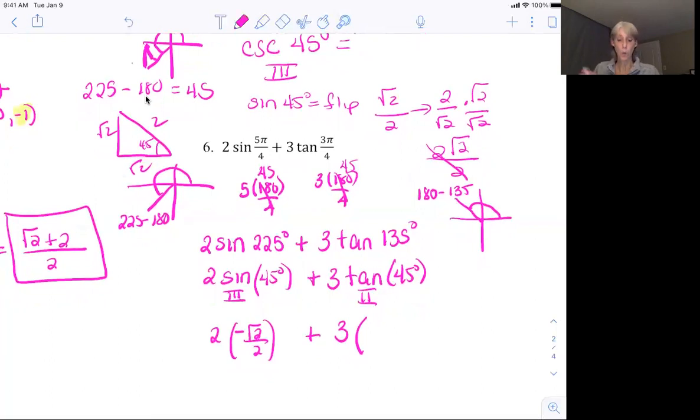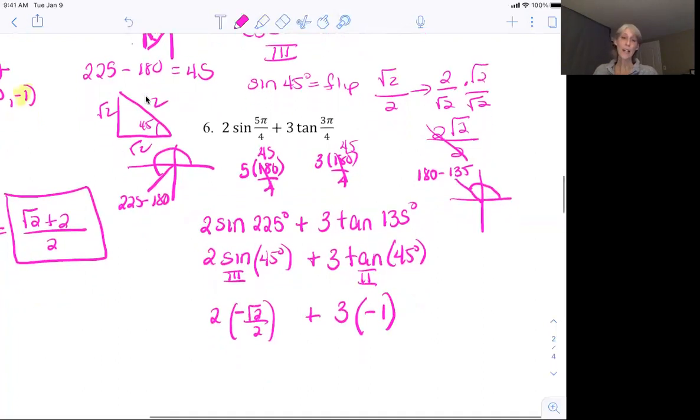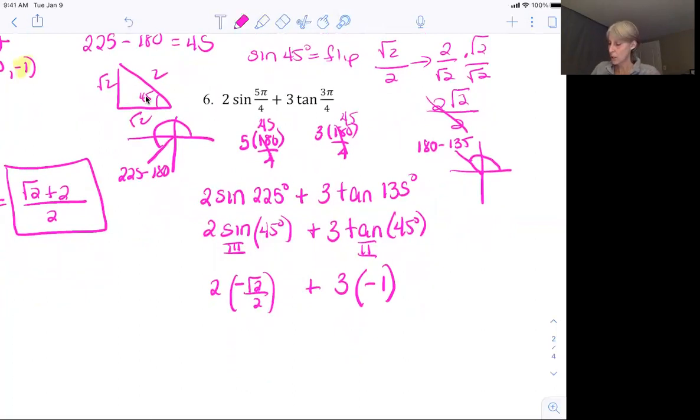So the tangent is 1. And in the second quadrant, the tangent is negative. So we're there. Now we've got to do our math. The 2's cancel. Negative radical 2 minus 3. And that is your final answer. Little bit of work with these ones.